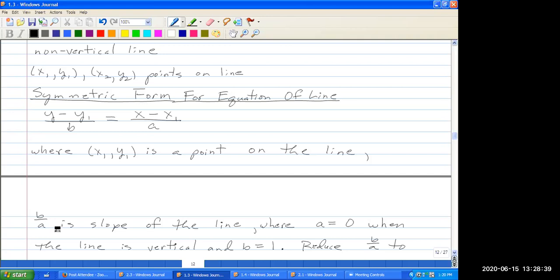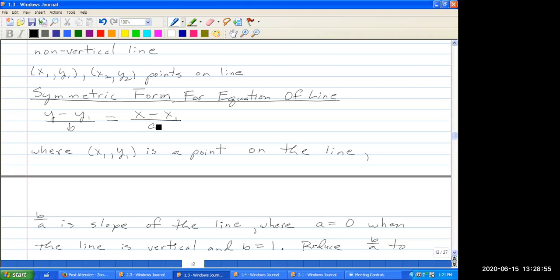Note that there is a notation here that's understood: if you happen to have a denominator that is 0, then the numerator is also assumed to be 0.